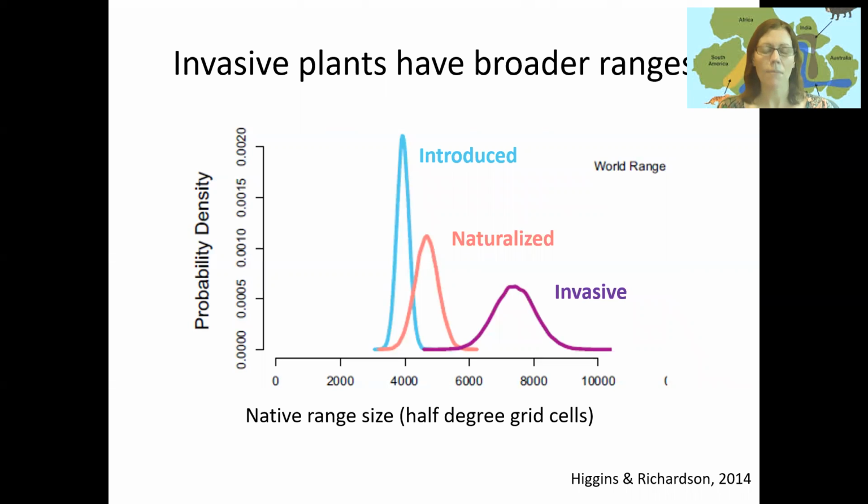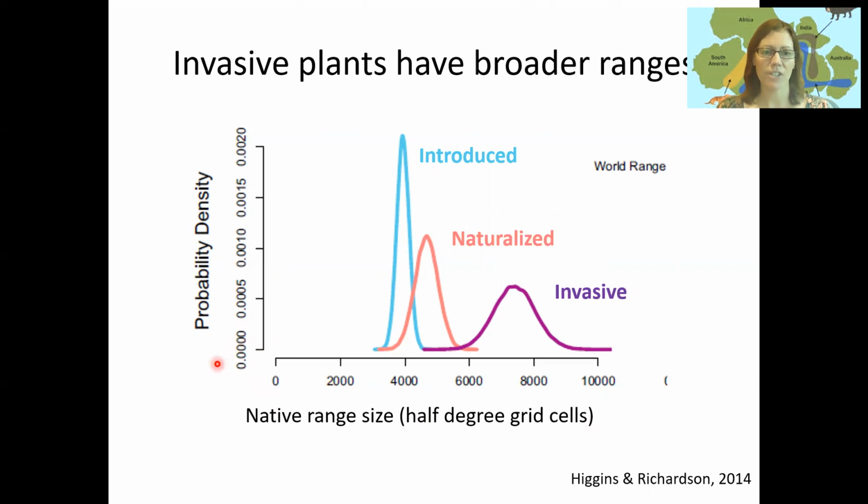Some of those species were introduced and successfully naturalized. Those are the pink ones, but they didn't become invasive. And then some of those species did successfully become invasive. So they were introduced, they naturalized, and they're spreading away from those populations. So those are the purple ones, the invasives. And what we're showing on this graph is the native range size. So this is in half-degree grid cells. So a larger range size over here, smaller range size over here.